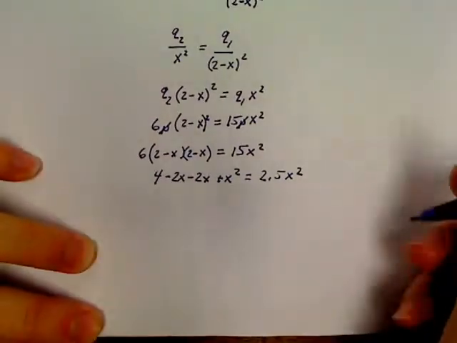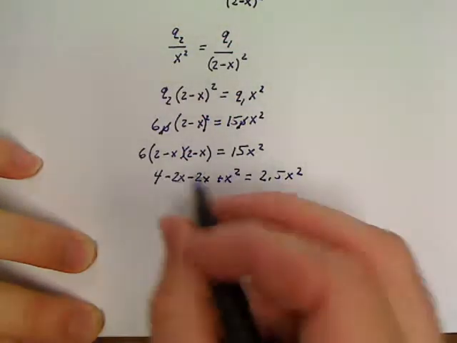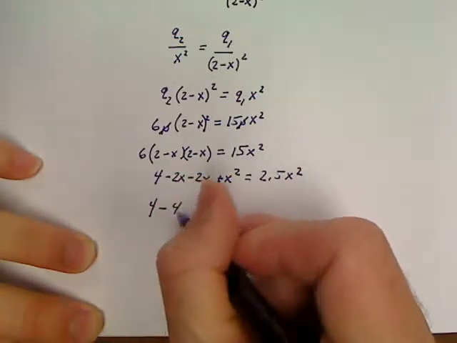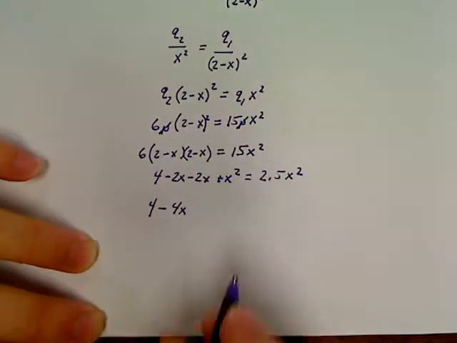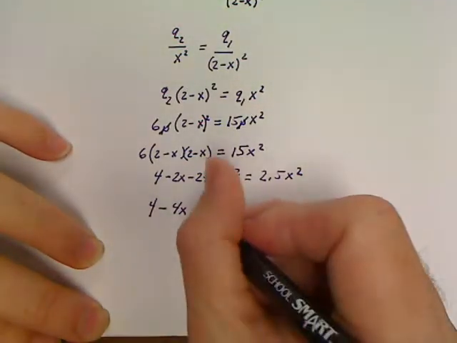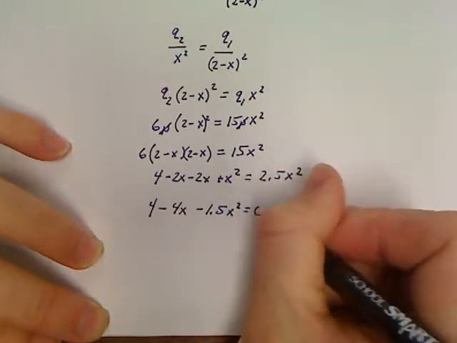Now we've got 4 minus 4x. Now this is 1 minus 2.5, so minus 1.5 x squared equals 0.